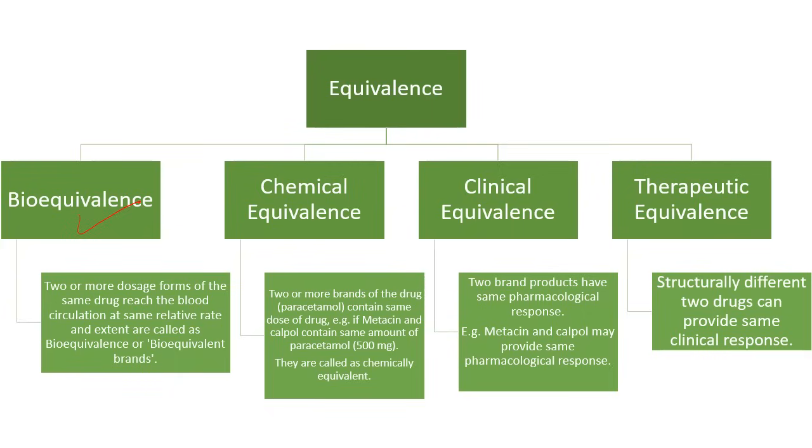Next is chemical equivalence, where the dosage of the drug is the same although the brand is different. Example is Metazine and Calpol, which are different brands of PCM. Third is clinical equivalence, that is, the drug produces the same pharmacological effect in the body.